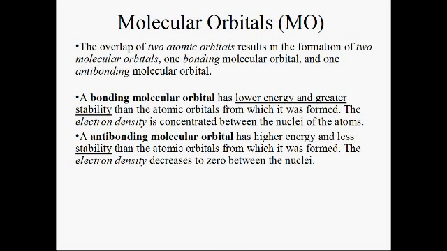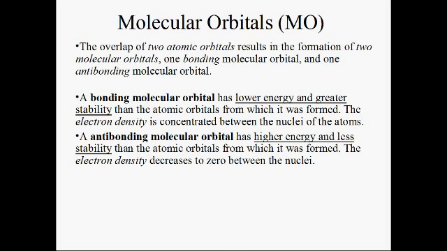But if one of these orbitals is going to be lower energy, the other orbital has to be higher energy. So when we take two atomic orbitals, we blend them together, and we're doing a process called a linear combination of atomic orbitals. This will give us a low energy bonding orbital and a high energy anti-bonding orbital.